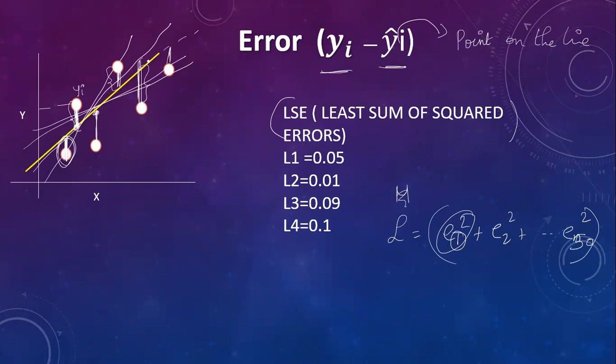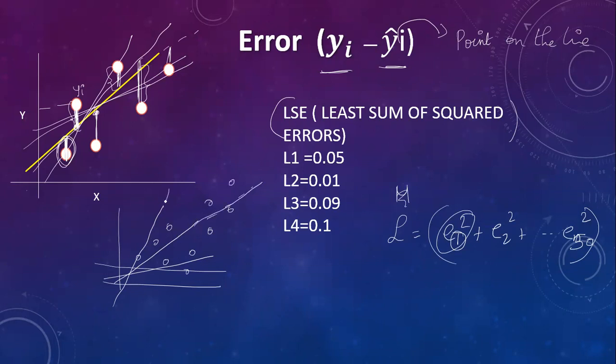After that, suppose this is the best fit line, okay? And this is another line, and another line, and another line. And we have data here, like this. So this is line 1, then this is line 2, line 3, and line 4. Using this least sum of squares, you have to find the sum of squared errors of a line.